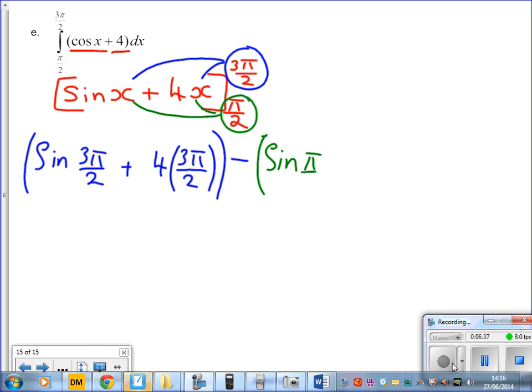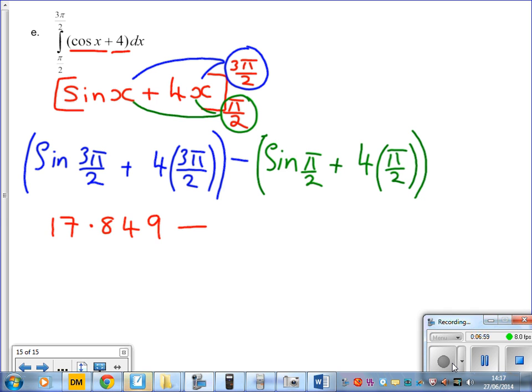Sine pi over 2 plus 4 times by pi over 2. Make sure your calculator is in radians, and if you do that, you should get an answer for this first bracket of 17.849. Take away answer from the second bracket, 7.283, giving me an answer of 10.57.